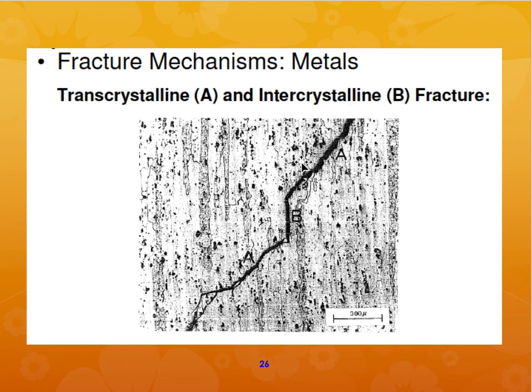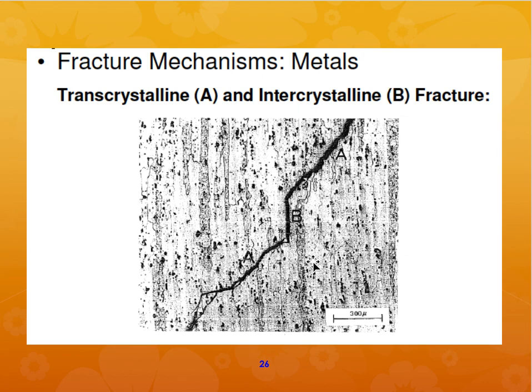So when does intercrystalline take place? Intercrystalline takes place when the grains are soft. And when do grains become soft? If you recall from our discussion on creep, when the temperature is above half the melting point in degrees absolute. So when that happens, the crack finds it easy to go between the grain boundaries.